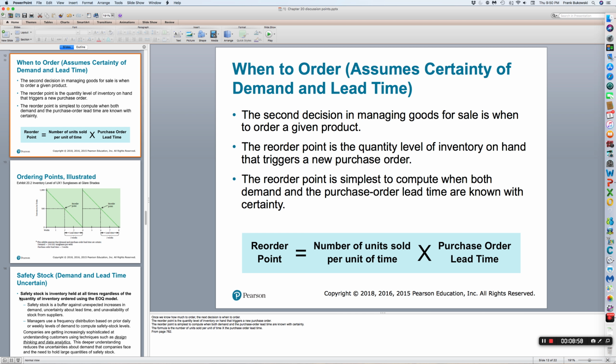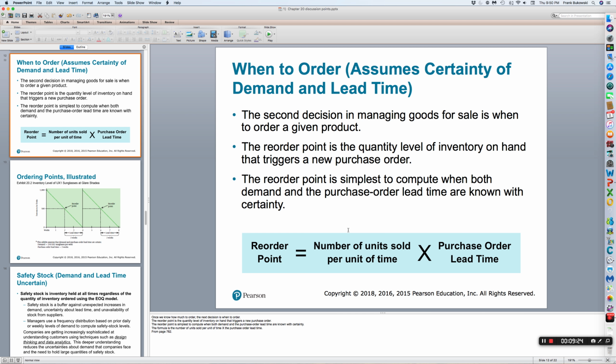So our reorder point formula is going to equal the number of units sold per unit of time times our purchase order lead time. If we were to take our annual number of units sold and convert that to how many units are sold on a daily basis, we would divide by 365.